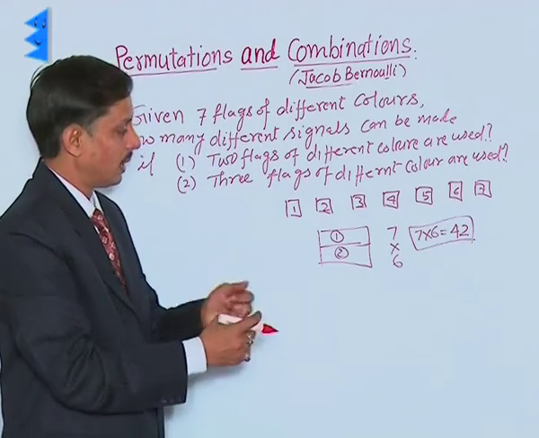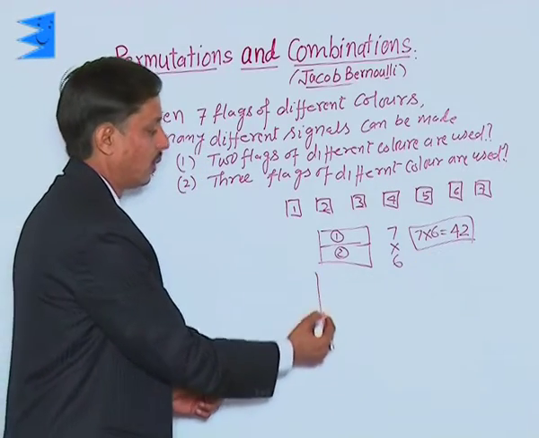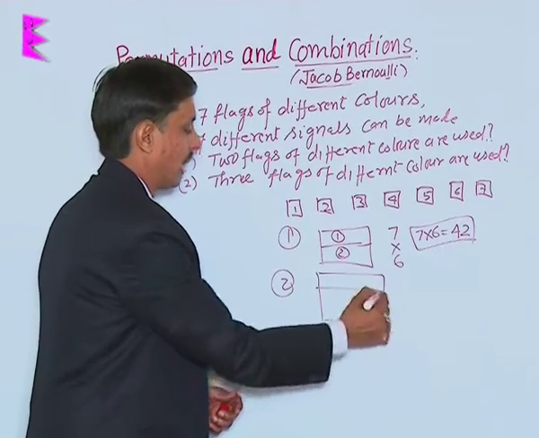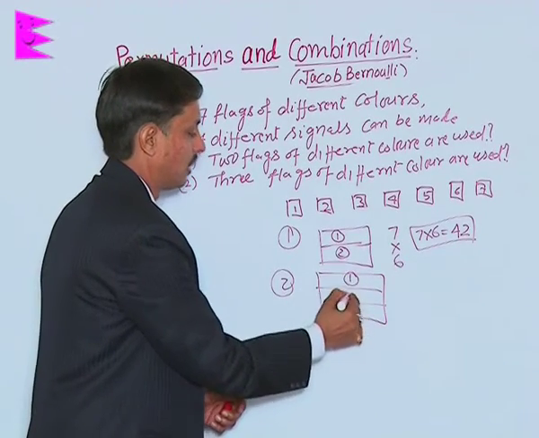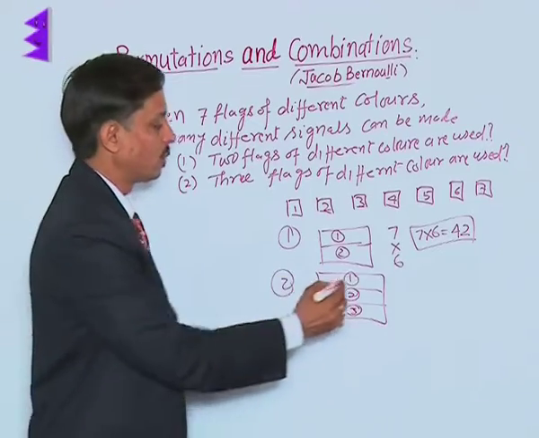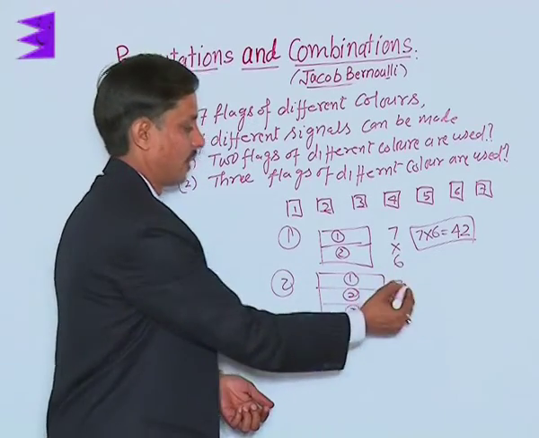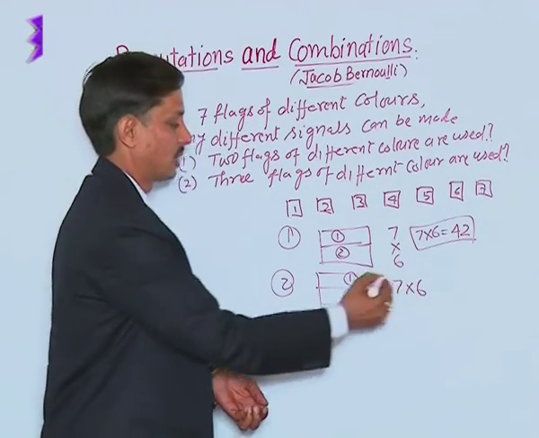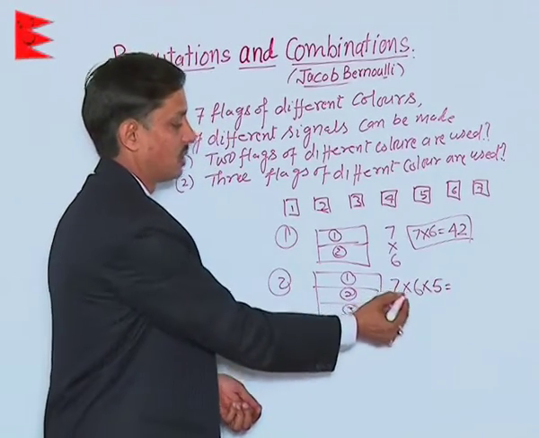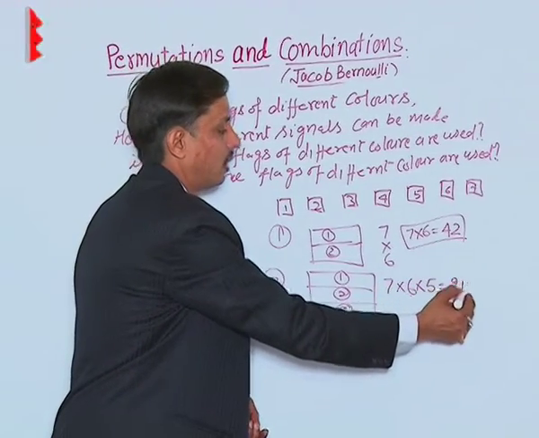Second, in continuation, if I use 3 flags, it is the first flag, the second, the third. How many choices do I have here? 7. How many here? 6. How many here? 5. That means 7 times 6 is 42, times 5 is 210.